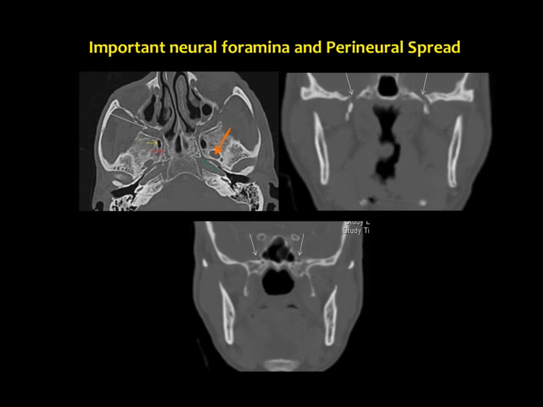Saket, you come forward, not to be seen only. Tell. Foramen ovale, foramen rotundum, foramen spinosum. And one more, which is not hosting any nerve, but is named like a foramen, with no nerve in it.